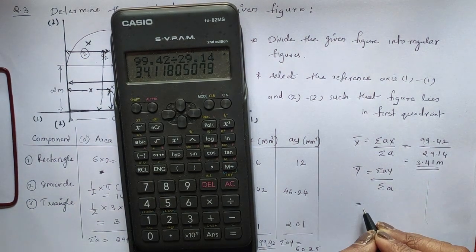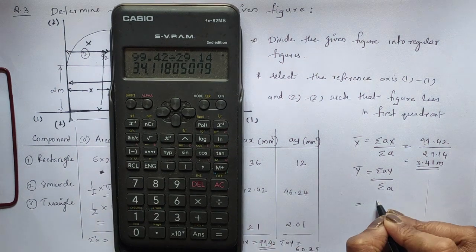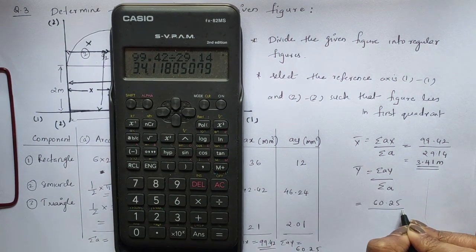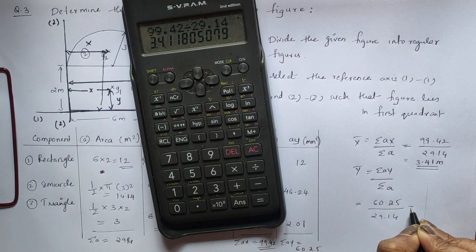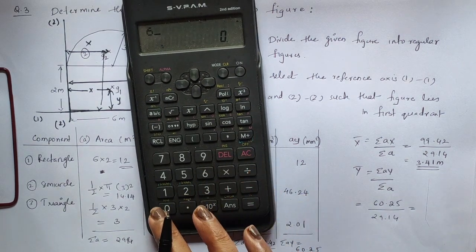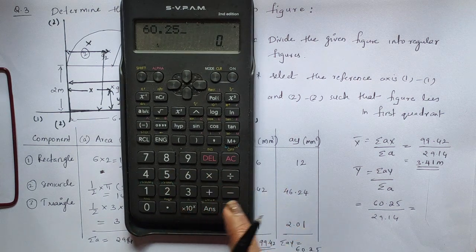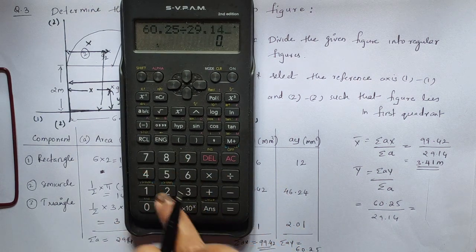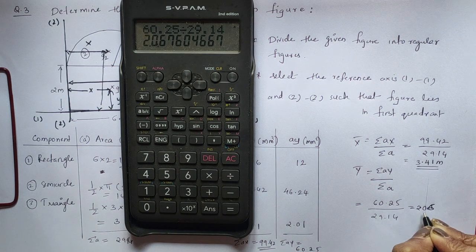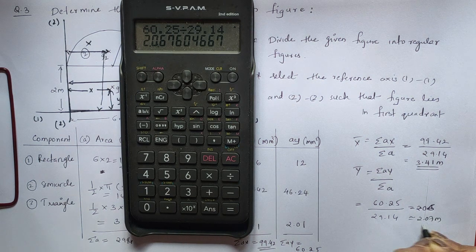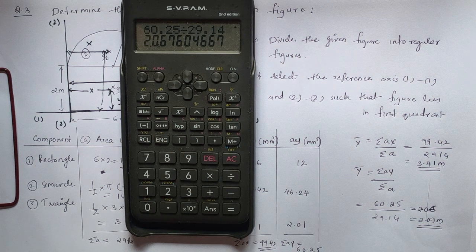Now y bar: you have sigma ay, 60.25, divided by sigma a, 29.14, which is 2.06, or you can write 2.07 meter. Okay, so you got the answer for both x bar and y bar.